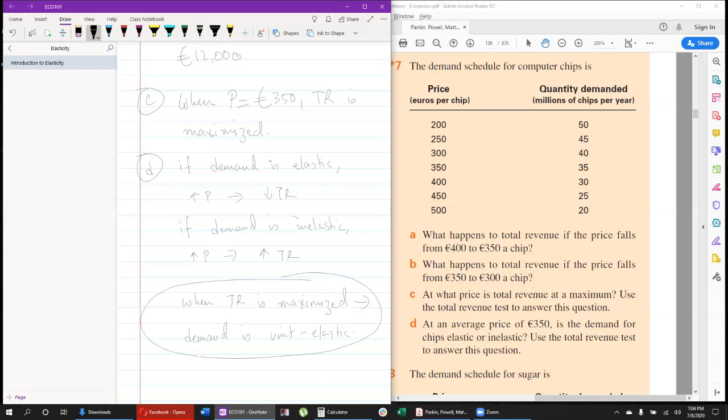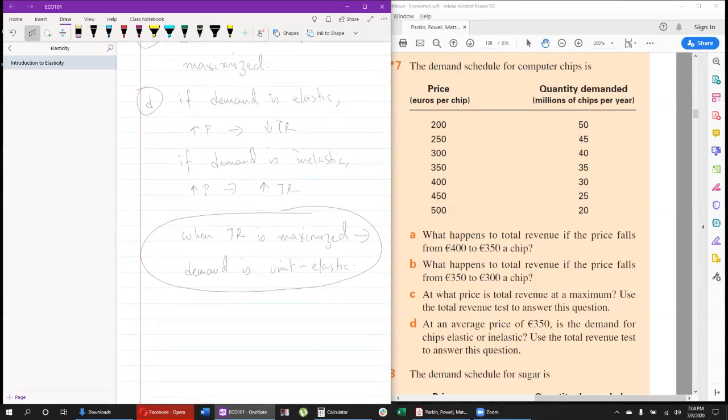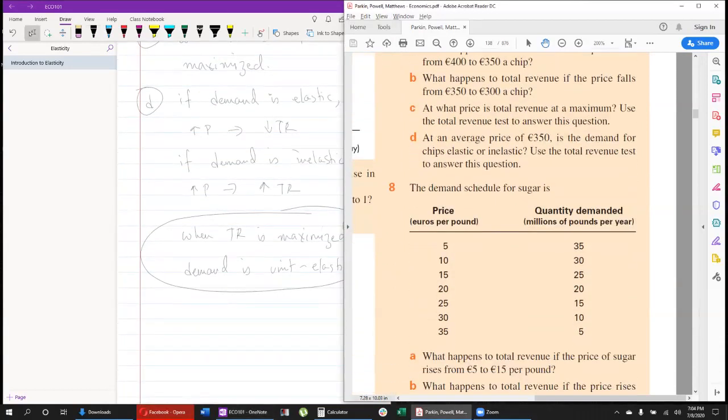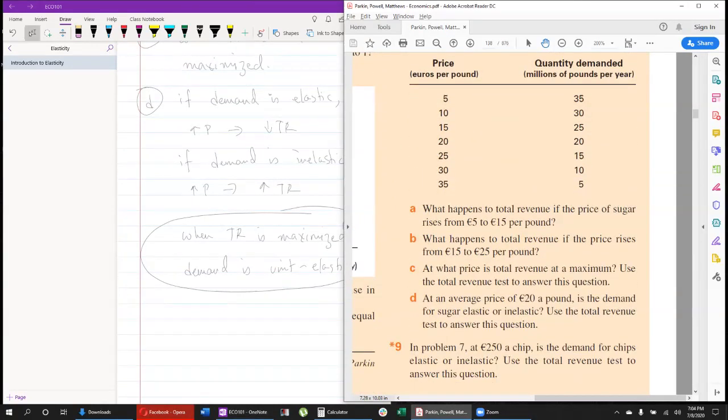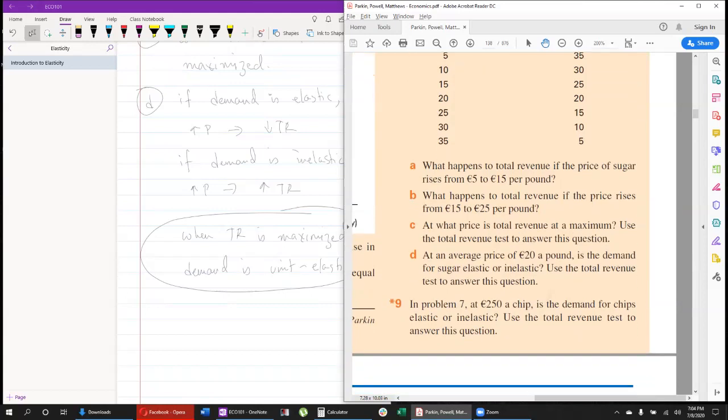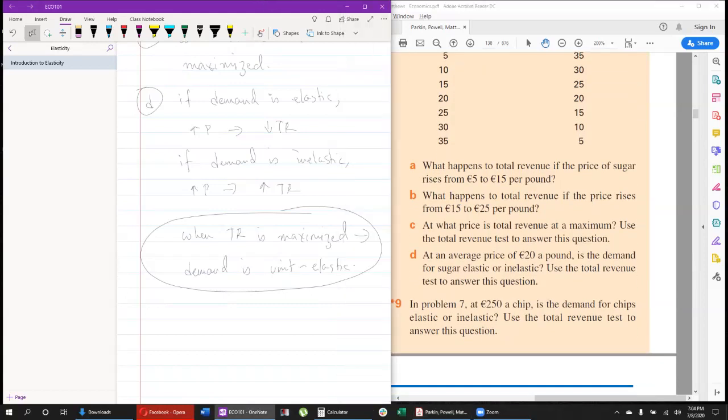I'm sure if you think about this for a few minutes, you will be able to figure it out, all right? So just give it a go. And let us move on to the next one. If we've done 7, 8 is exactly the same thing. So you guys can give it a go. Let us try and do number 9. Once again, I'm leaving 8 for you guys.